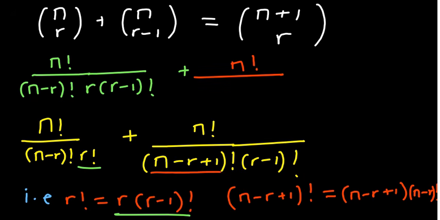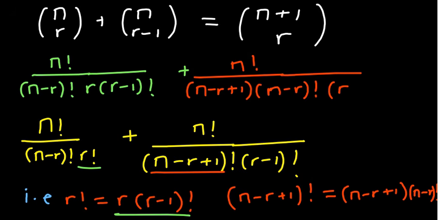Now this part has been expanded, so it's n minus r plus 1 times, if you reduce it by 1, just n minus r factorial. And then don't forget you have r minus 1 appearing as well. So I've just substituted on the part where I've got r and the part where we have n minus r plus 1. We've expanded them by reducing by 1, just like we said.